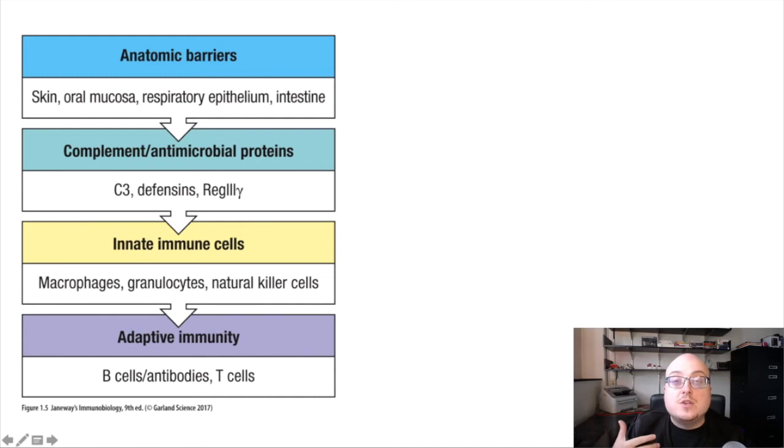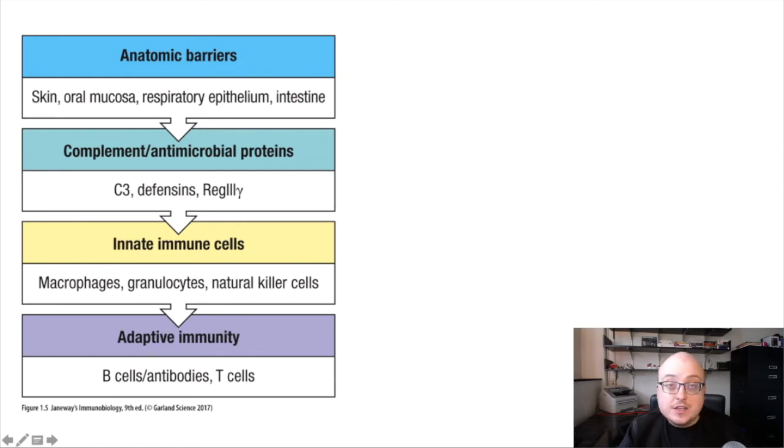And importantly, they do so in an antigen non-specific way. They're good at killing bacteria or viruses, cells infected with viruses, but they do so through fairly stereotyped mechanisms, and they do so early in the course of infection.